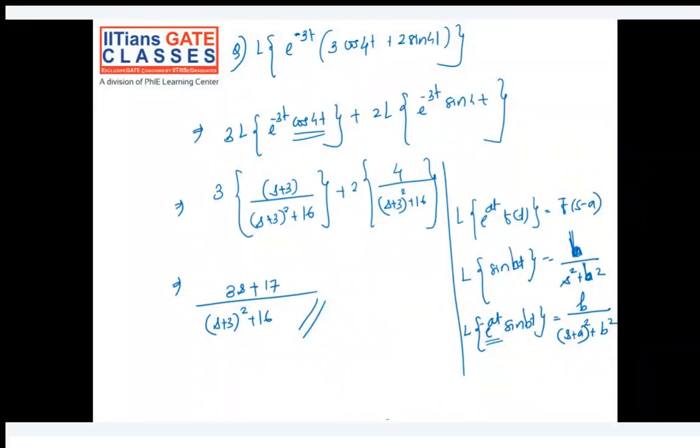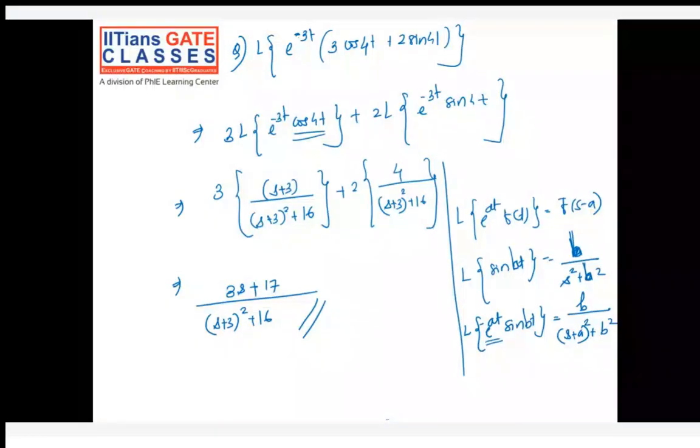Let me give you another question. Laplace transform of t into cos of at.